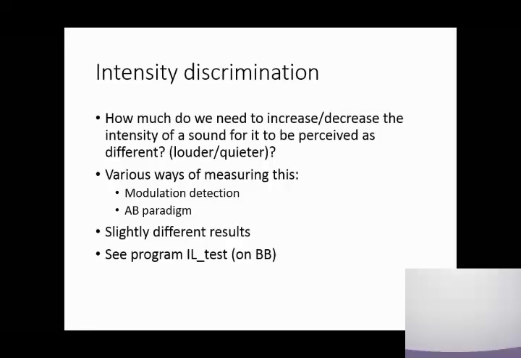Modulation detection is just you modulate the envelope of a sound. So it goes woo, woo, woo, woo, woo. Do you hear the modulation or not? In signal detection theory, you can define very well what the threshold of this perception is, and that gives you a discrimination threshold, a just noticeable difference.